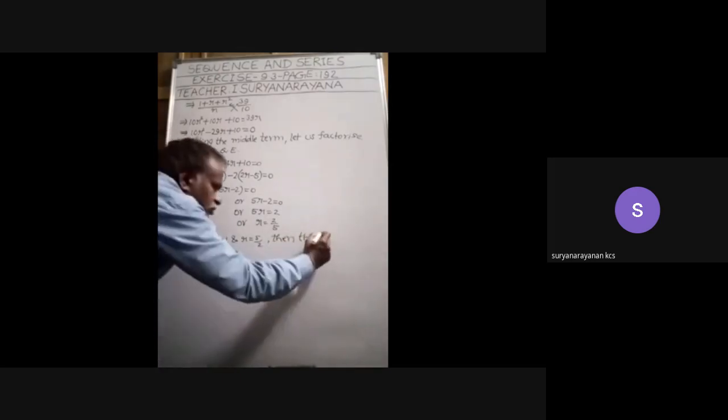Okay, my children. So case 1. If a is equal to 1 and r is equal to 5 by 2, let us take this one. Then the first three terms of the geometric progression are a by r, ar.